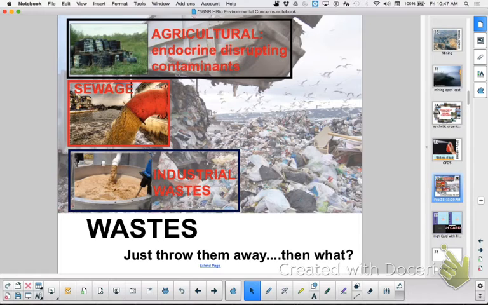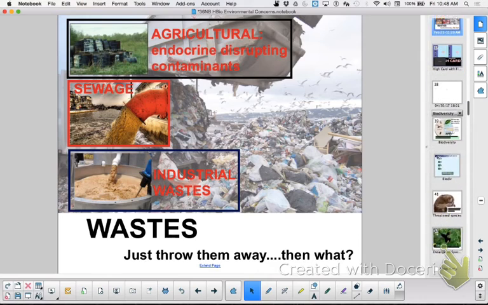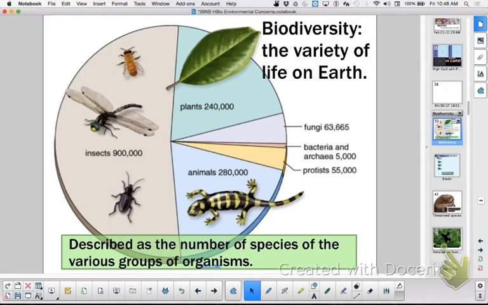Waste comes out of your sewage, agriculture, industrial.